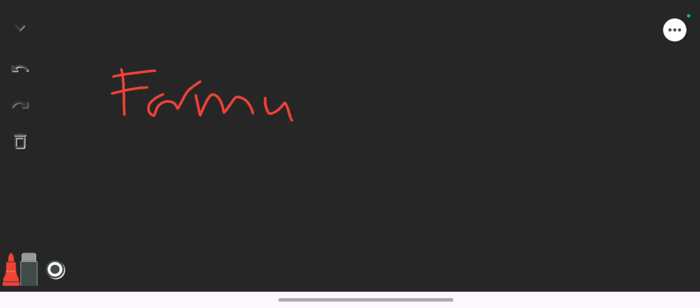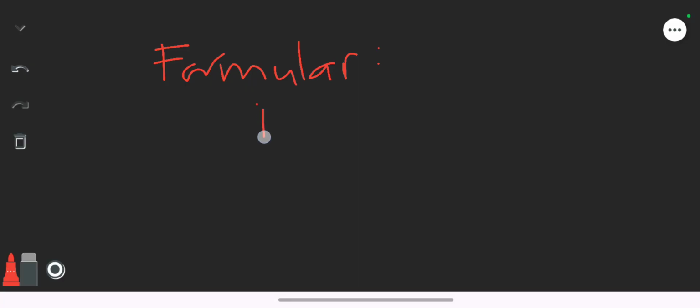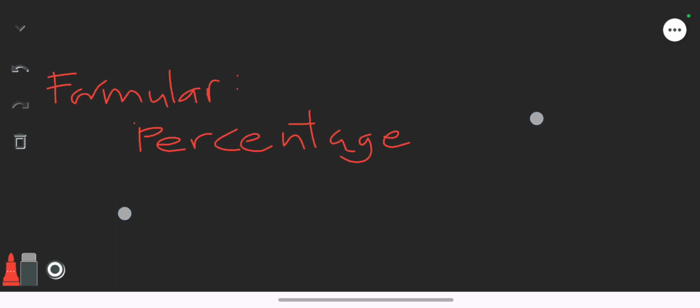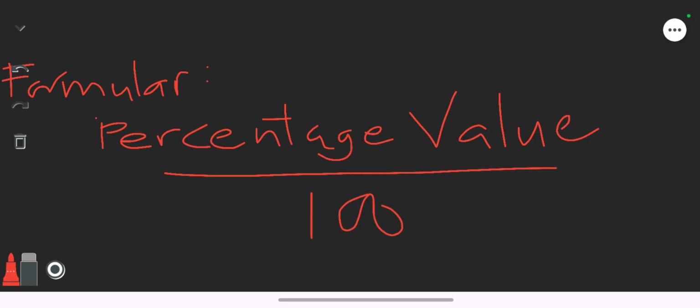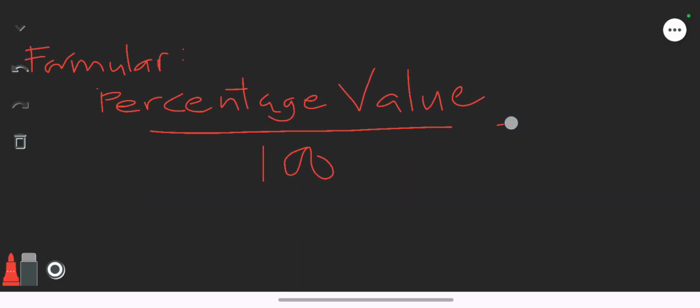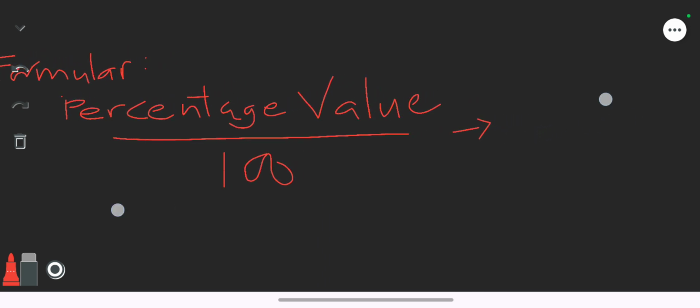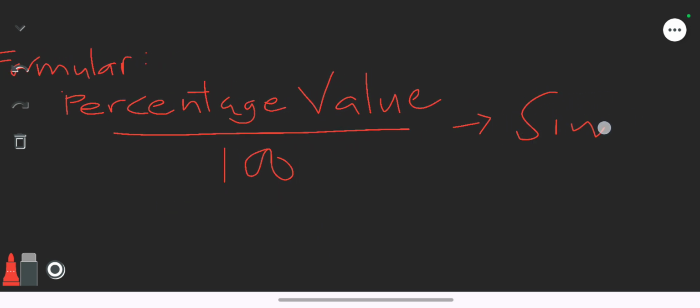Formula: we have the percentage value over 100, and don't forget to simplify.